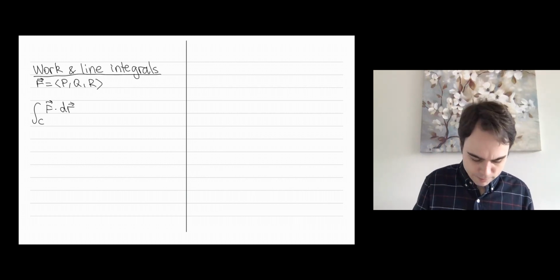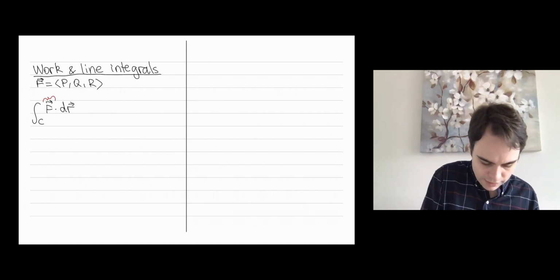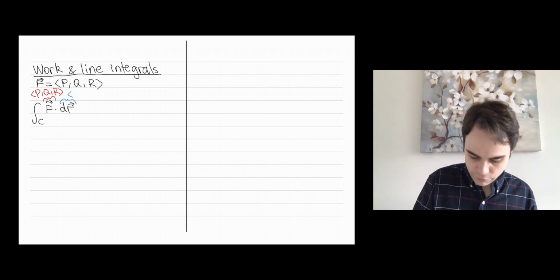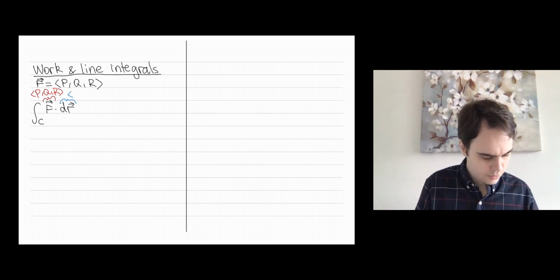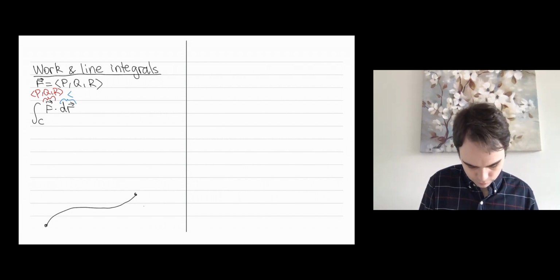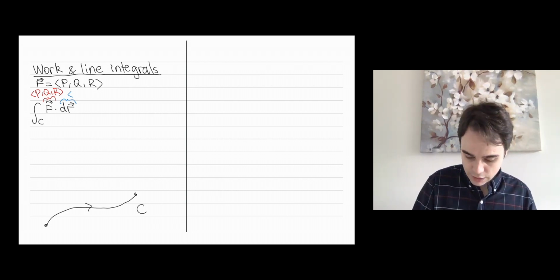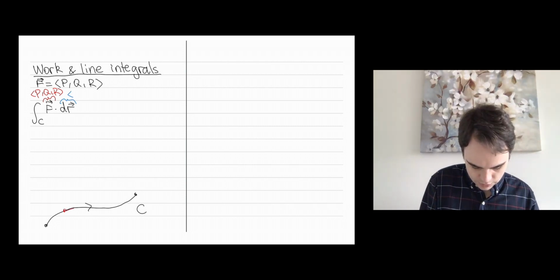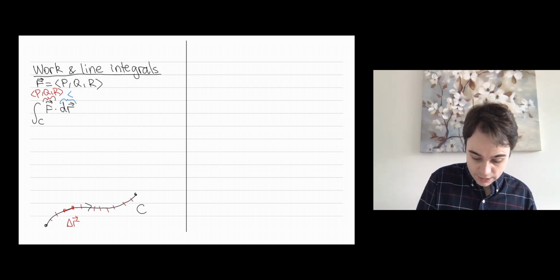We usually set this up using coordinates. So F has components P, Q, and R. And dr is this differential along the curve. Let's say our curve is down here. It has an orientation. So dr is this infinitesimal vector, delta r. When we integrate, we're breaking up the curve into a bunch of pieces, and dr is this vector that points from one little piece to the next.